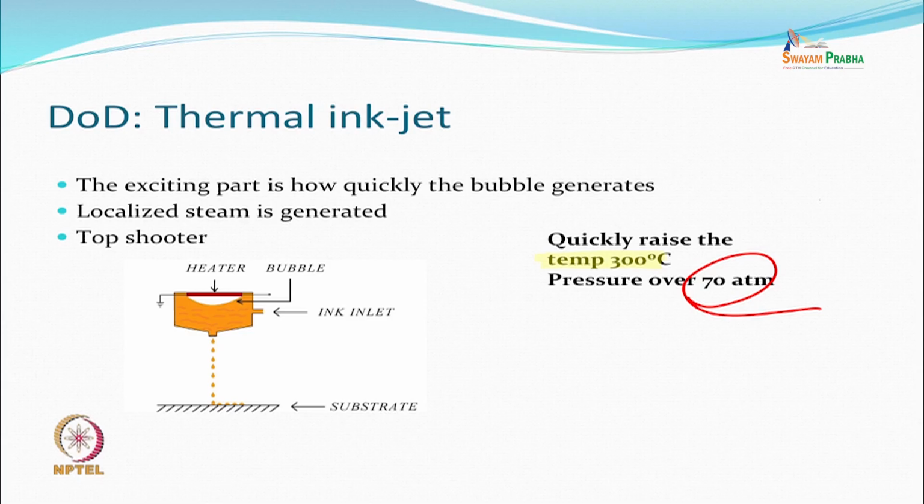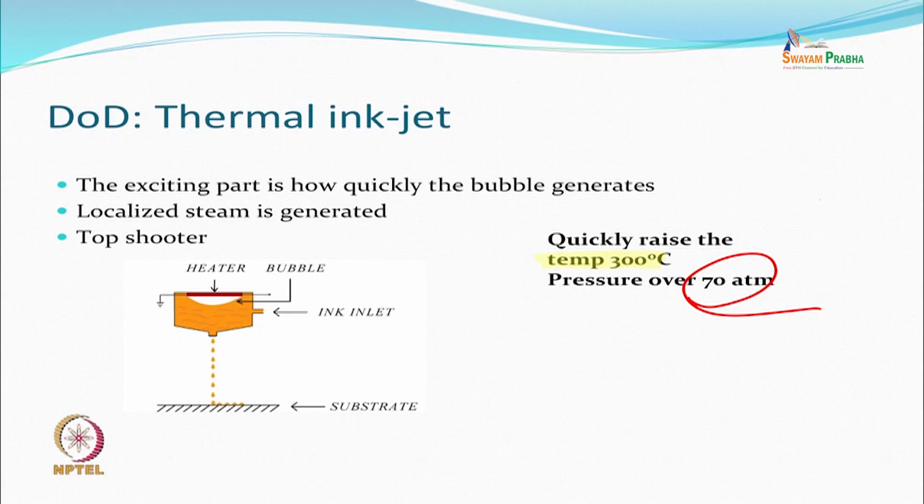It does not happen because most of the inks are aqueous based inks, though it could be any solvent for that matter. So it is localized: wherever there is heating, for example there is a heater here, it gets heated, and just around this point the temperature rises very quickly. Quickly means in a fraction of a second you are at somewhere around 300.